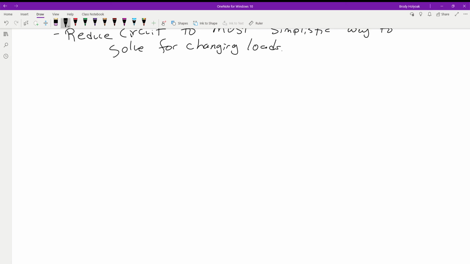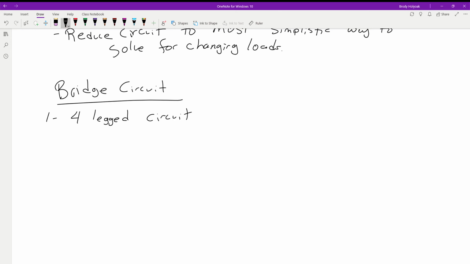The next one we're going to talk about is a bridge circuit. Tori can tell you all about bridge circuits. So basically what a bridge circuit is, it's a four-legged circuit that can accurately measure small changes in voltages and resistances.